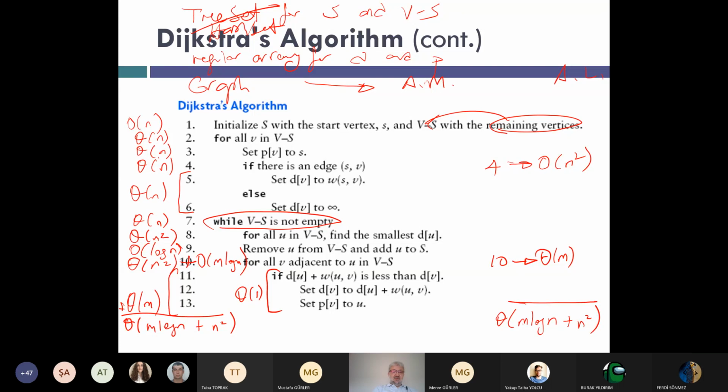Removing and insertion take constant time. Checking whether u is in V minus S will be constant time, so this will be O(m). Then the running time will be this one, m plus n squared, right? For both. Is it clear?